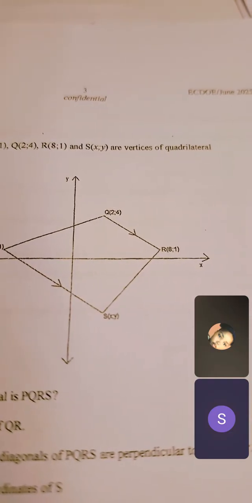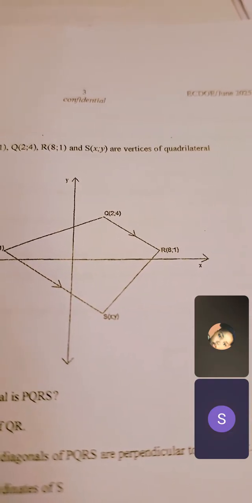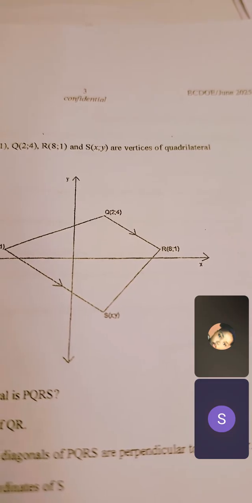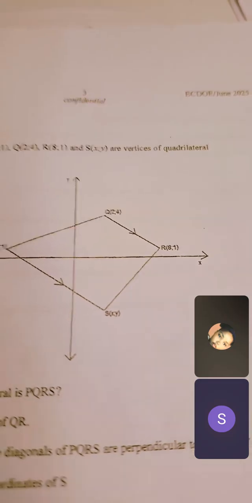Let's just say we find the gradient M of the line passing through Q and R. Okay, the gradient. How do we find the gradient, my guy? I forgot about that thing.